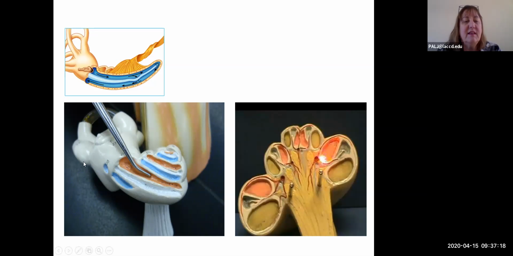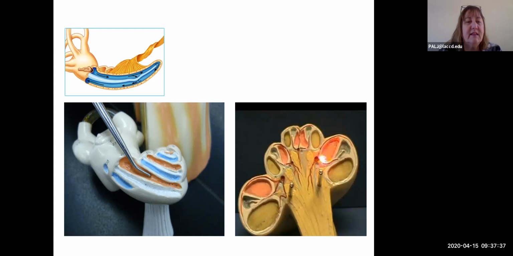So when you look at this particular model, I think you clearly can see the round window in the vestibule, which correlates to this. So then this in blue must correlate to this in blue. So that would be the scala tympani.